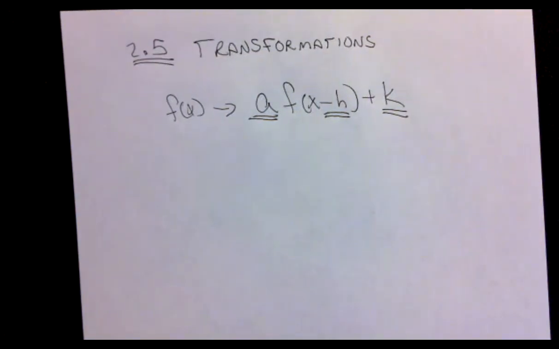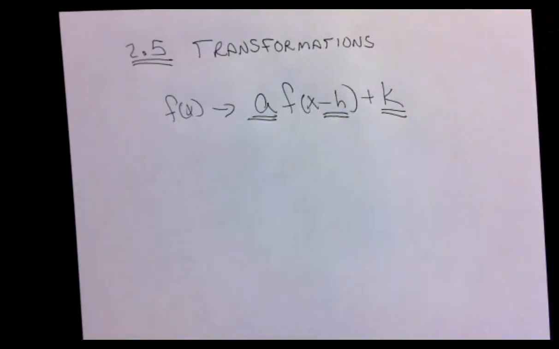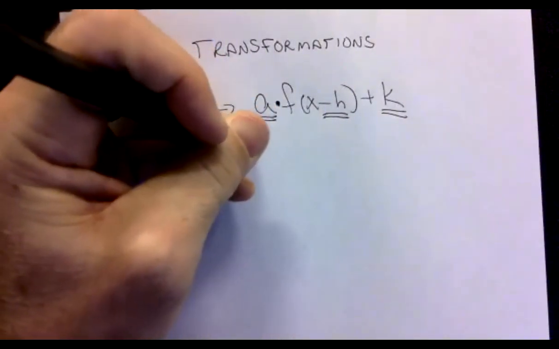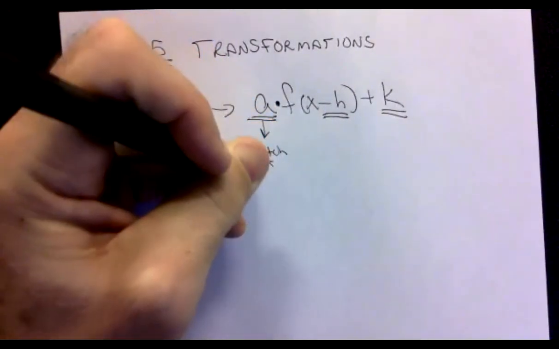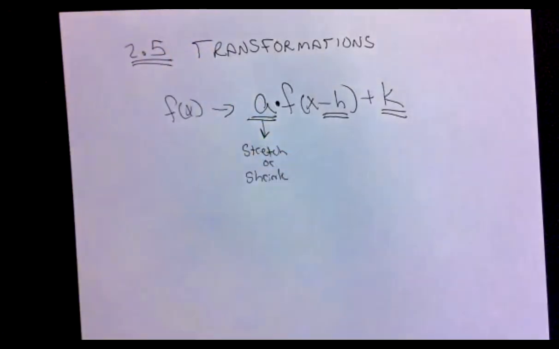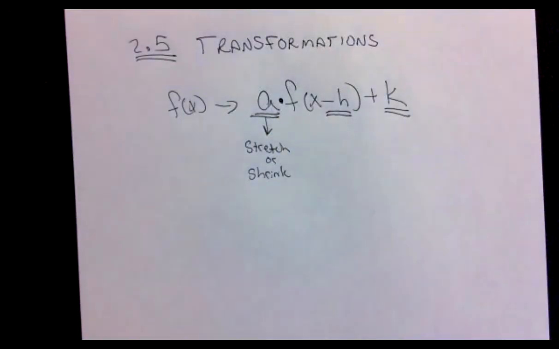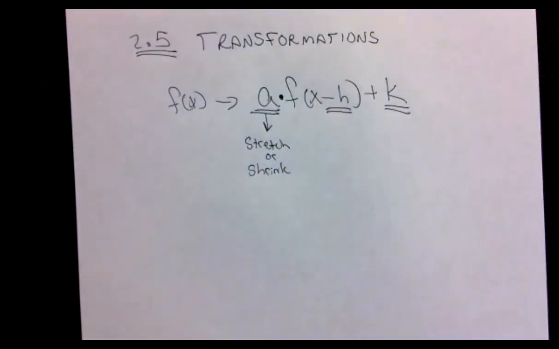It's going to shift your graph. A multiplier will stretch or shrink your graph. The bigger the number, the more it will stretch it vertically. The smaller the number, it will squish it. And again, I'll show you examples of all of these. I'm just going to explain it all up front first, and then we'll do some concrete examples.